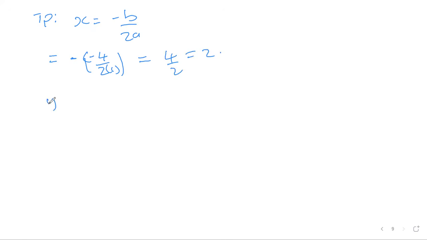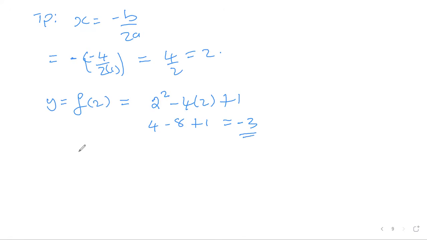And our y coordinate will be found by substituting 2 into the original function: 2 squared minus 4 times 2 plus 1, which is 4 minus 8 plus 1, which is minus 4 plus 1, which is minus 3. So our turning point is the point (2, -3).